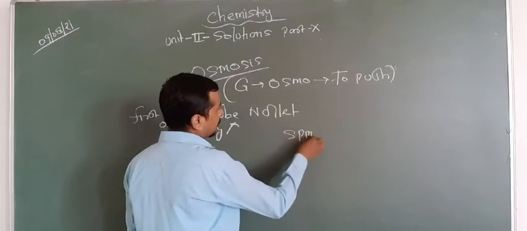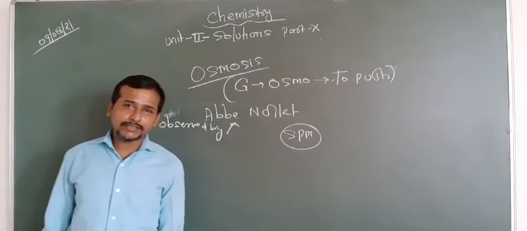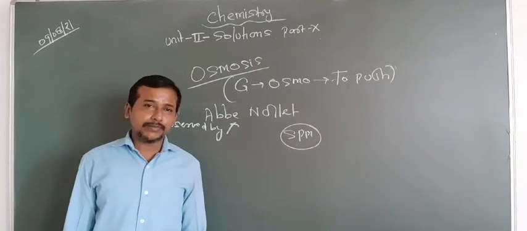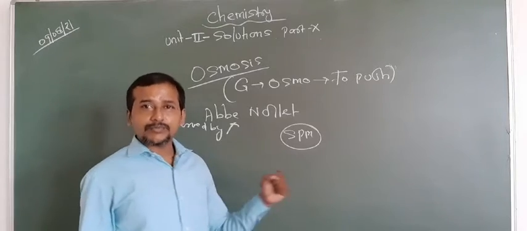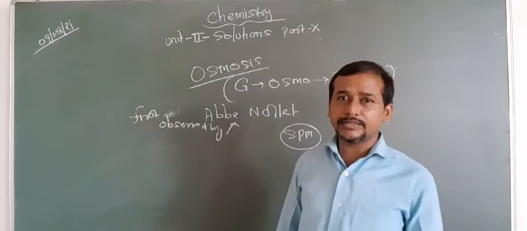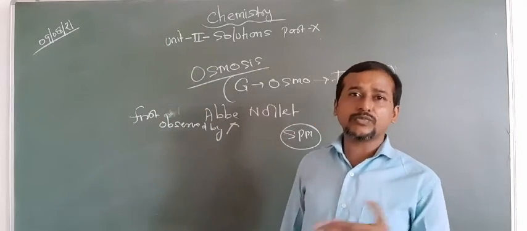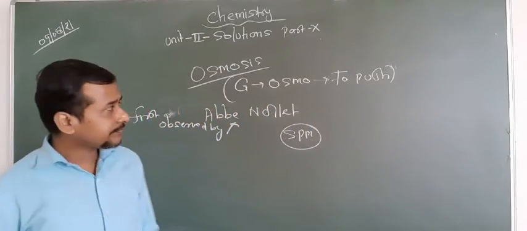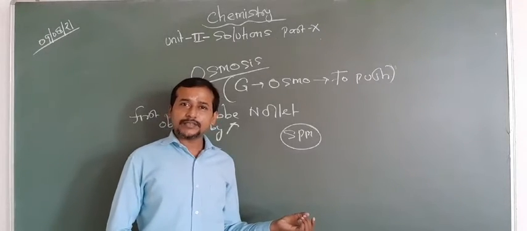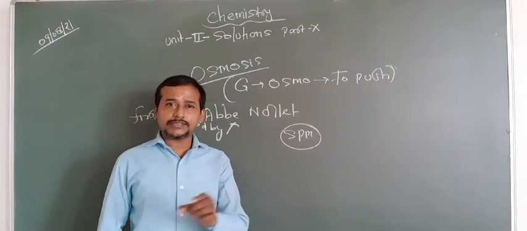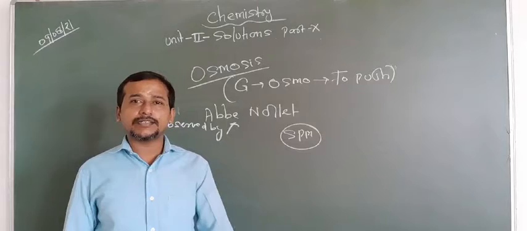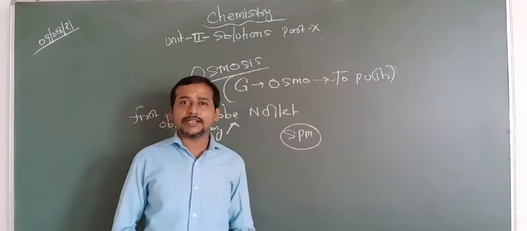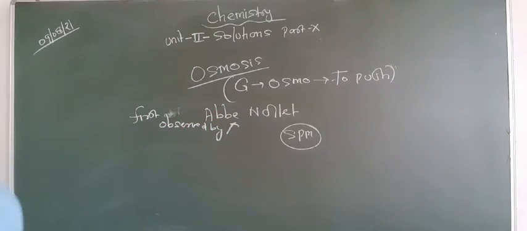So the movement of solvent particles from their higher concentration to their lower concentration, or you can say the movement of solvent particles from the lower concentration of solution to the higher concentration of solution, is known as osmosis. Are you getting this point or not?